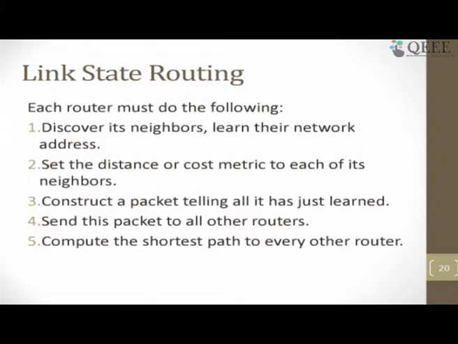So, how will I do that? I will do some sort of limited flooding. Okay. So, I am talking about link state routing, which is taking the entire topology into consideration. So, let us see this once more.